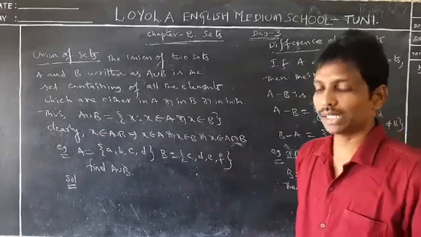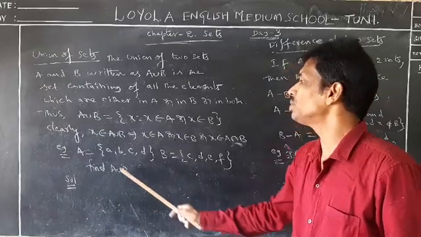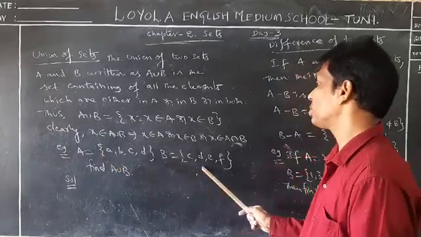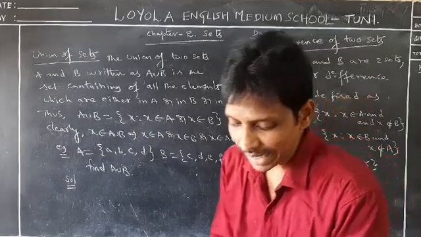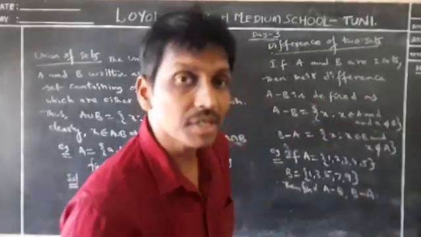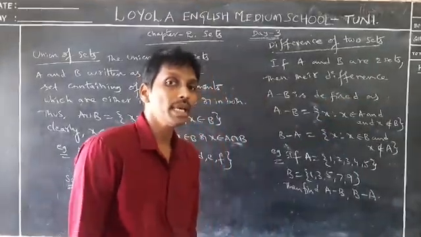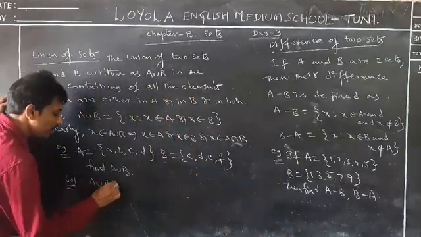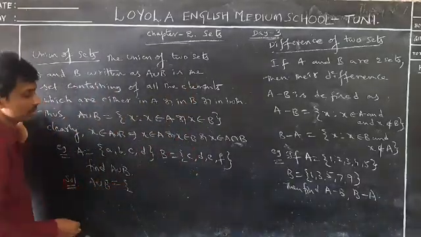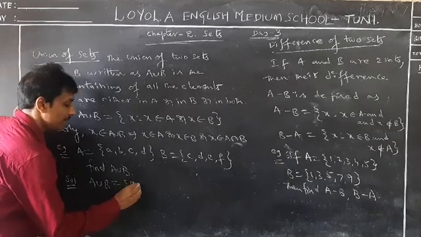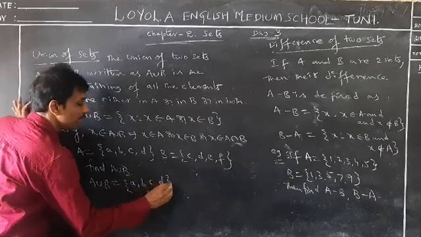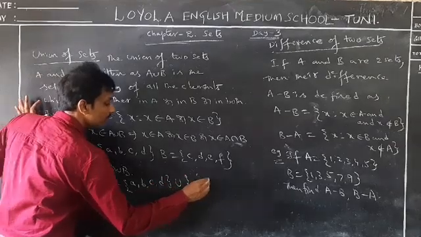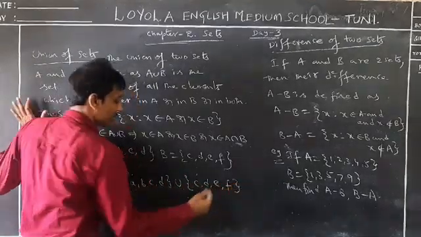Let us see one example. A is equal to the set {a, b, c, d}. B is equal to the set {c, d, e, f}. Here we are asked to find A union B. While writing A union B, first write the elements present in the set A: {a, b, c, d} union {c, d, e, f}.